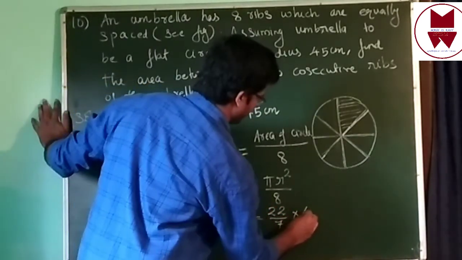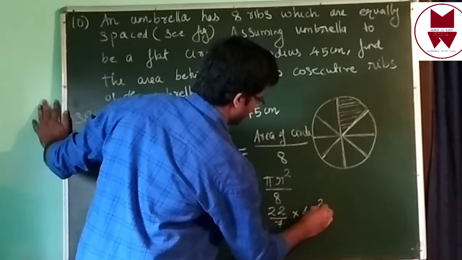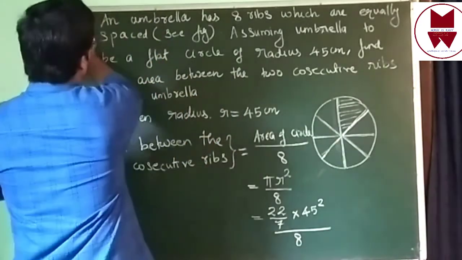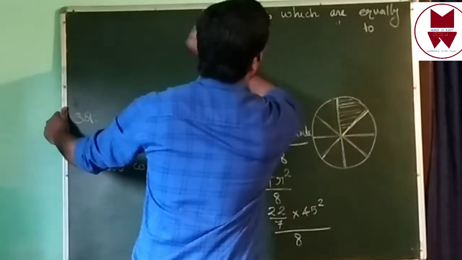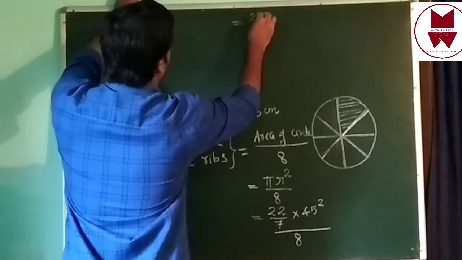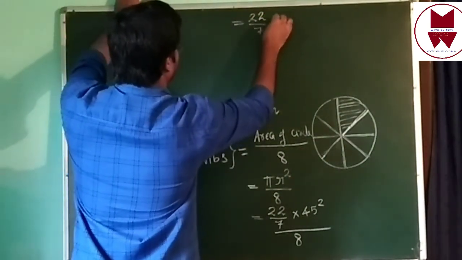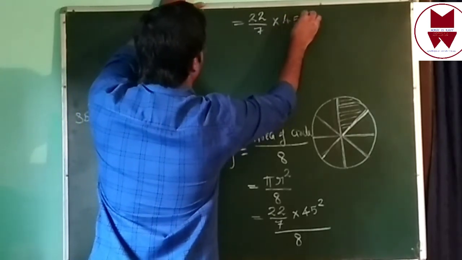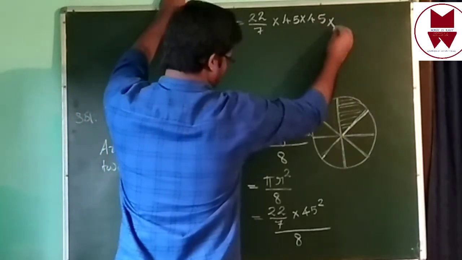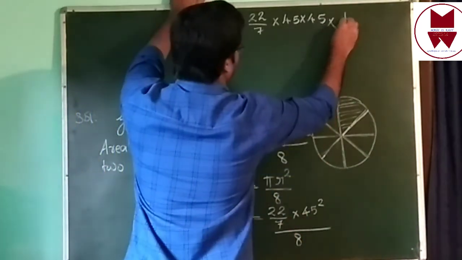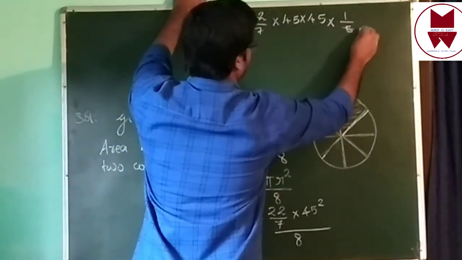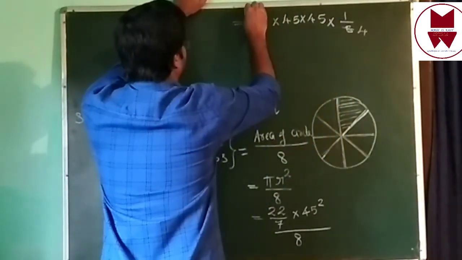Pi is not given here, that's why 22 by 7 into r square. R means 45, 45 square divided by 8. So (22 by 7) into 45 square, 45 square means 45 into 45, all divided by 8. We can write 1 by 8 into 1 by 8. Then 22 and 8 cancel, 4 times, here 11.